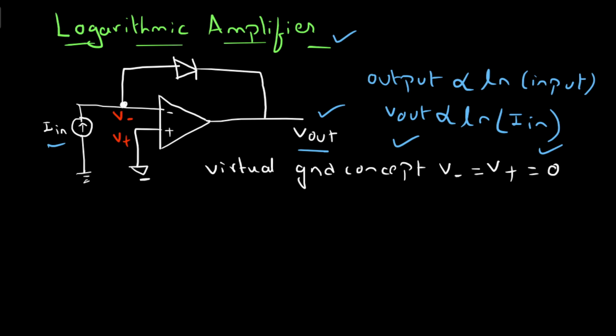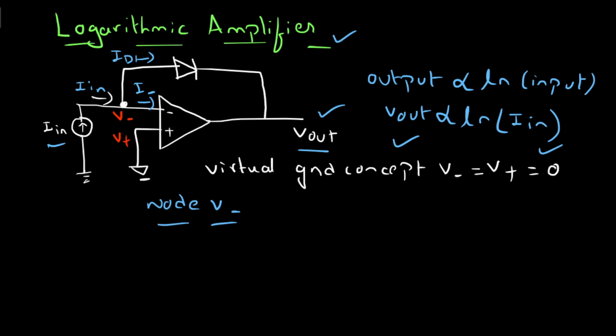Now let us assume the current flowing into the inverting terminal is I minus, and the current flowing through this diode is ID1. What is the current flowing here? It is I in. Now consider the node V minus.